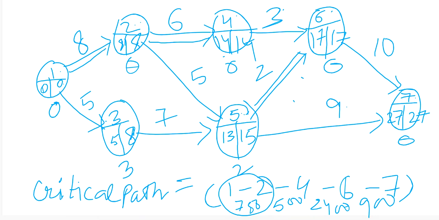So instead of 8, I will write the crash time of this activity, that is 4. So here it is 4. Now again, I will make the network. Before that, I'll update my cost sheet.